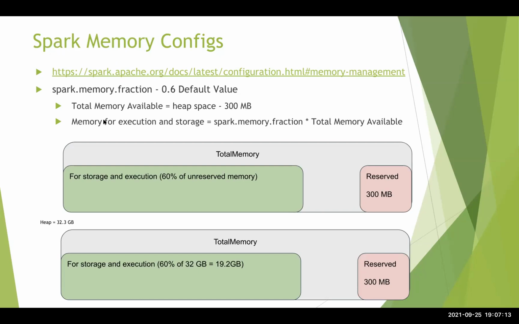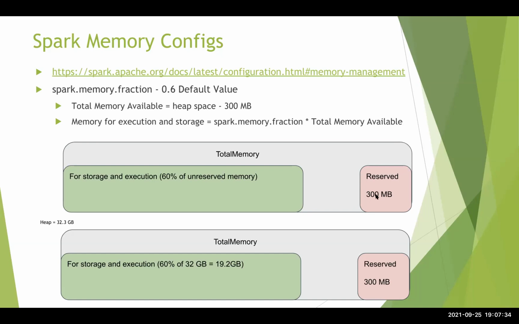Now we'll go through some settings, and this is a configuration of Spark. I have tried to explain it with this box. This is the total memory we have. Out of the total memory, there is some reserved memory, and that reserved memory is fixed, around 300 MB.